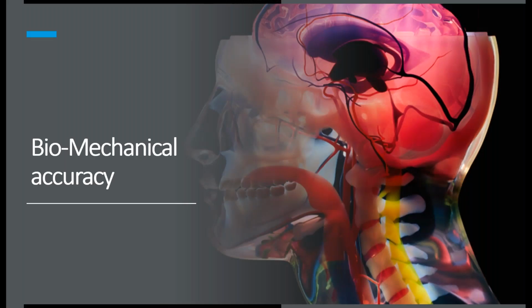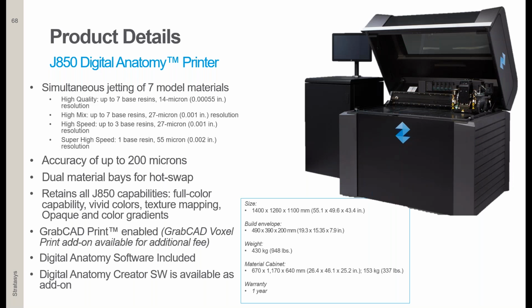All these are made possible with the DAP printer because it comes along with exclusive medical materials that we talk about, for achieving biomechanical accuracies on these models, musculoskeletal outcomes, and you can name it when it comes to any challenging anatomy where surgeons today are dependent only on CT and MRI data.